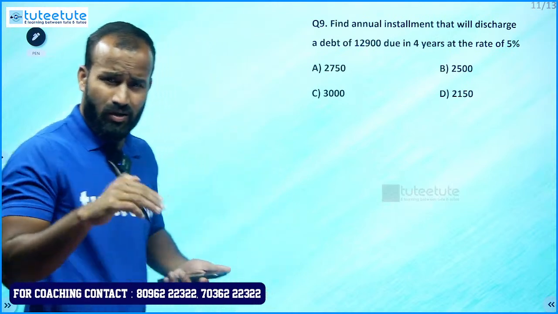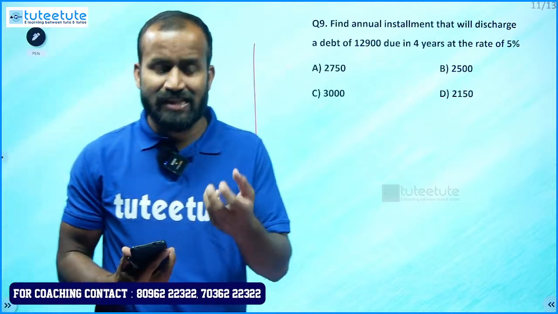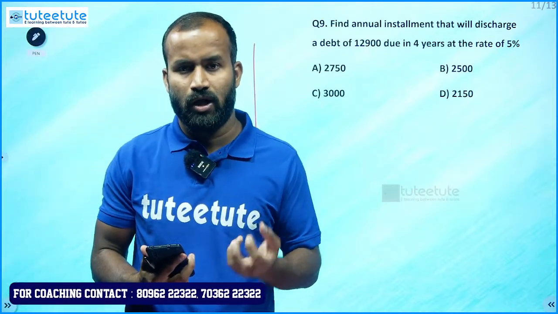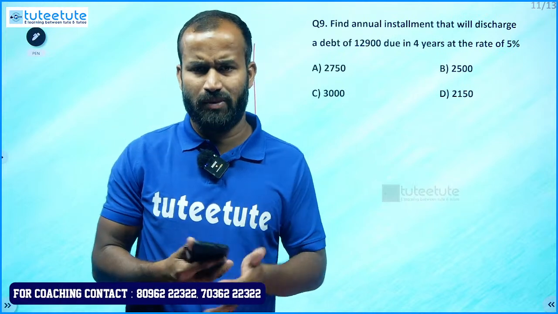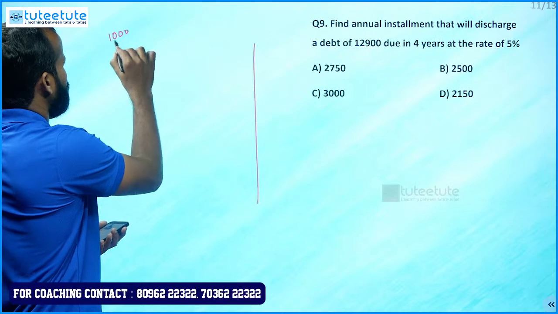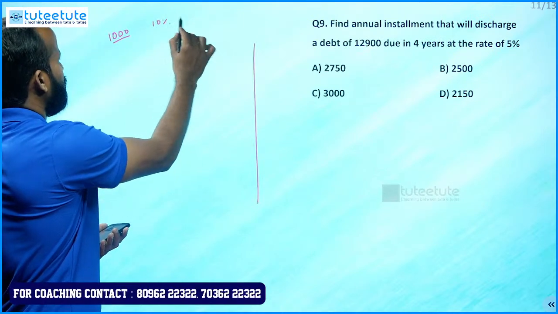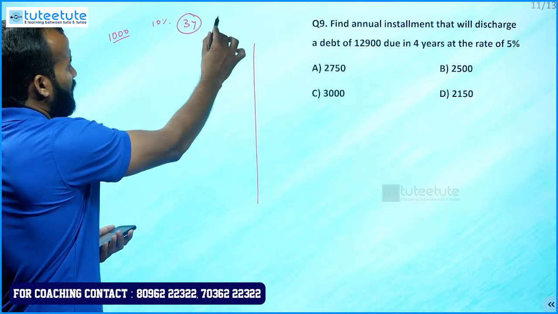First we will take one example here. How are we going to calculate simple interest installment? See, first we will take 1,000 rupees, 10%, 3 years, like 3 equal installments.